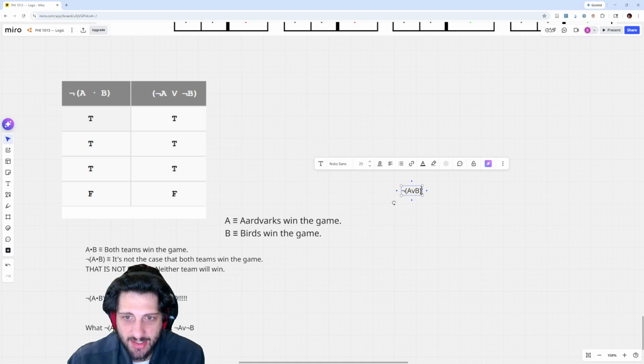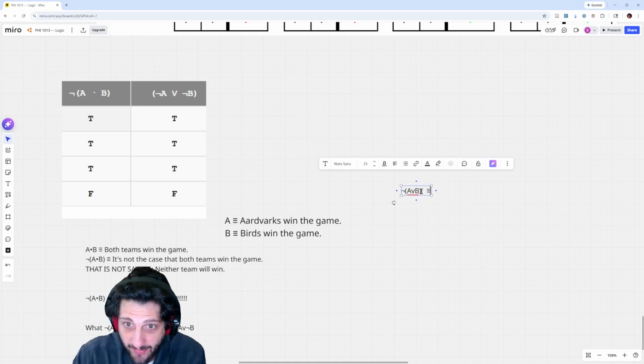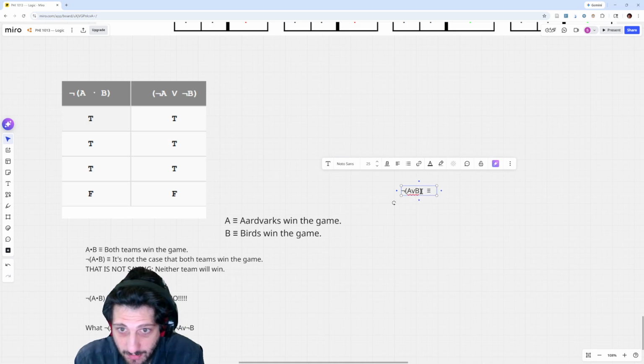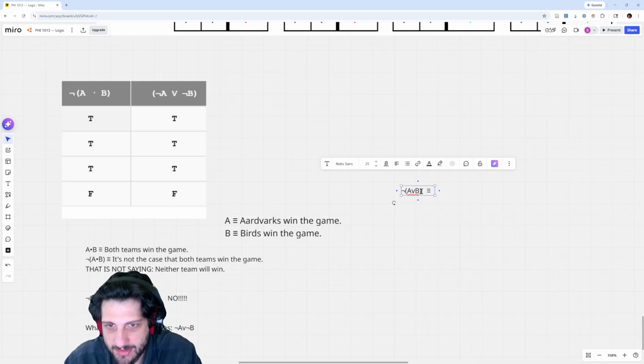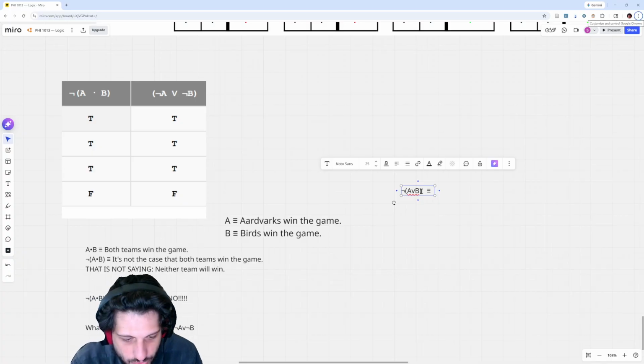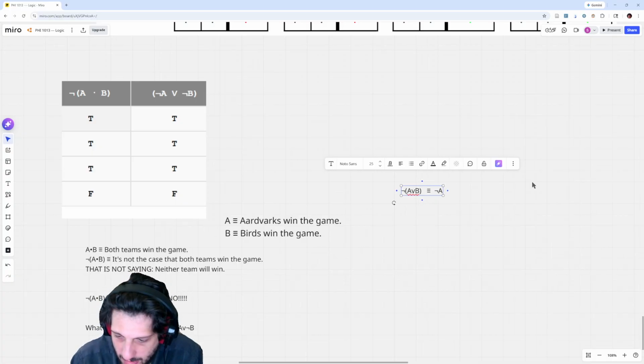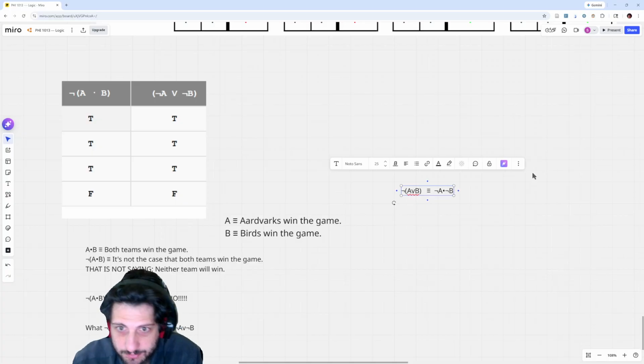So this is in fact equivalent, and we can verify this with our truth tables, to saying not A and not B.